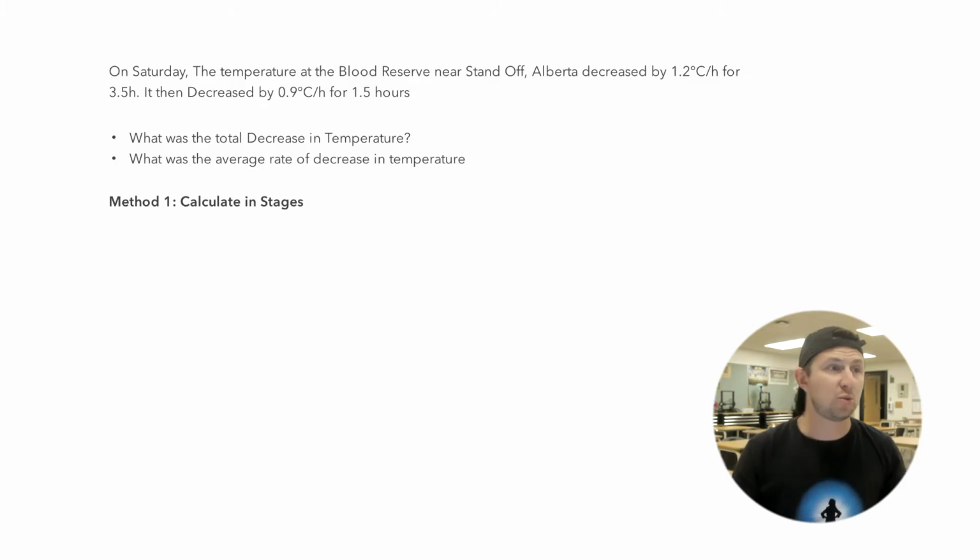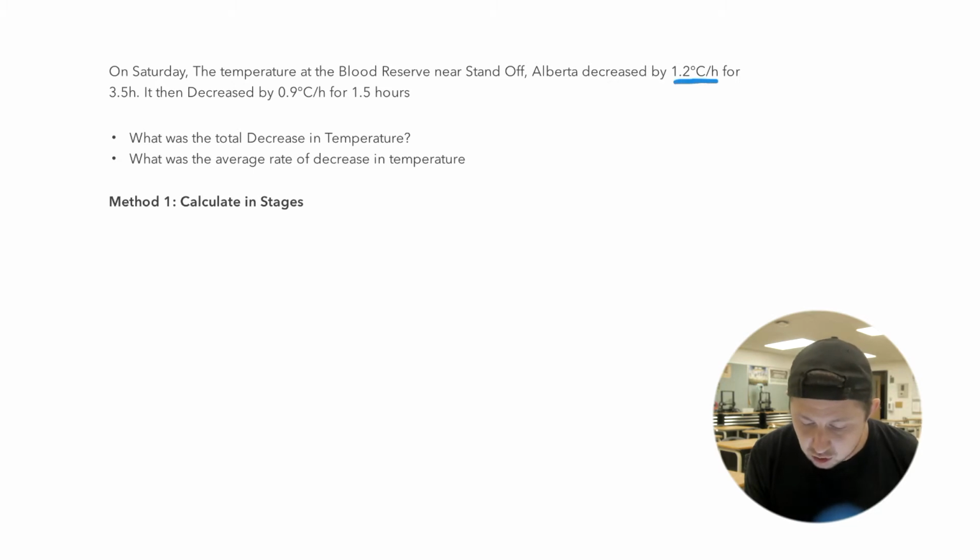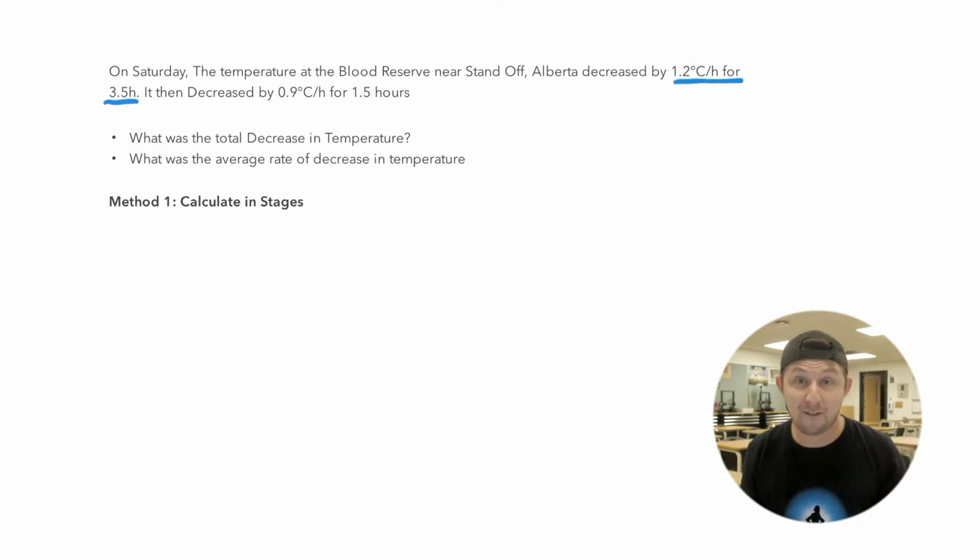To do this, I want to start by calculating in stages. With this kind of problem, we've got two stages. First, the temperature decreased by 1.2 degrees Celsius per hour for 3.5 hours. That's phase 1.